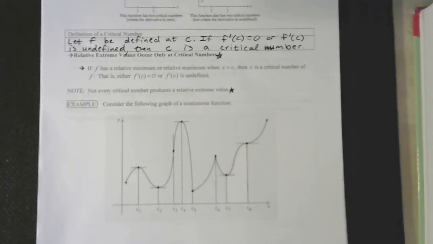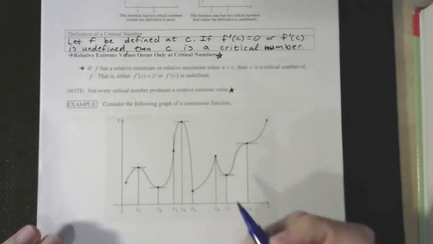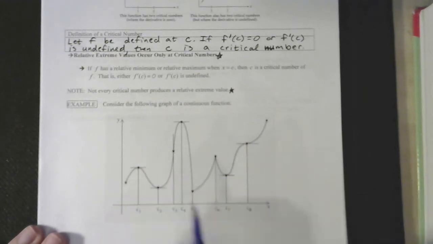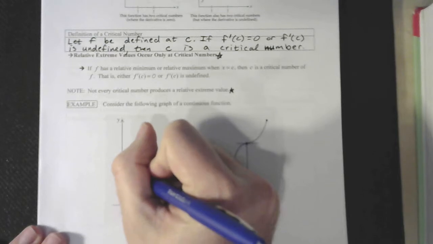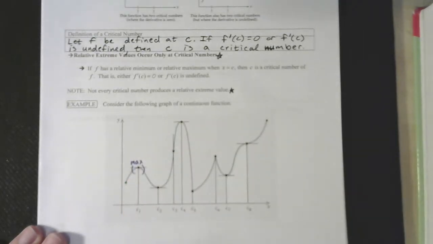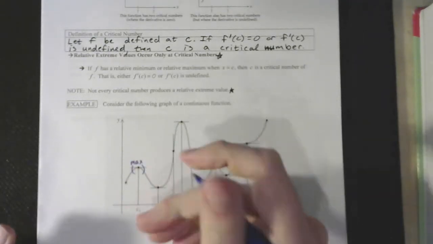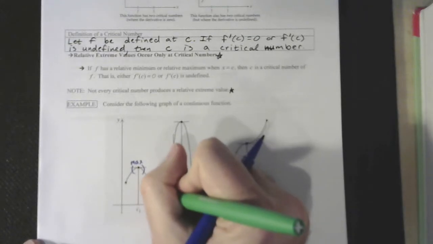So we can think of maxes and mins. This one, we have 0 slope, a horizontal tangent. This would be a maximum because I can construct an interval like this, because it's bigger. This down here would be a minimum.